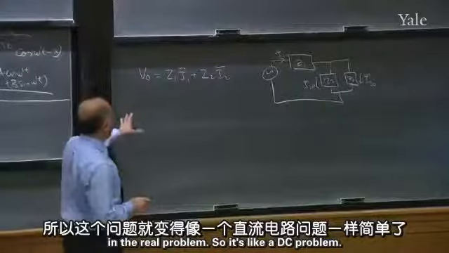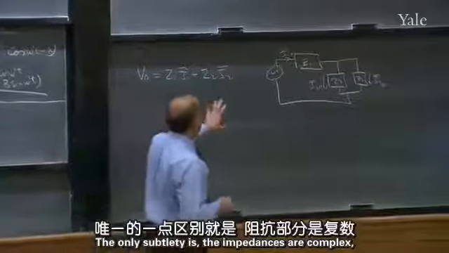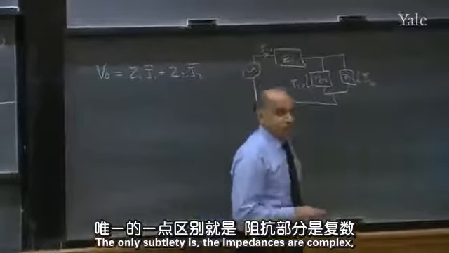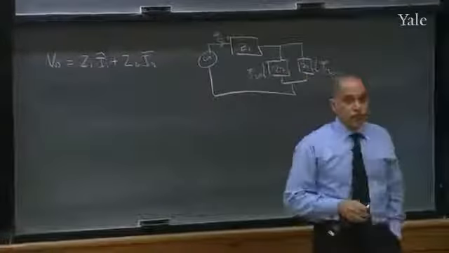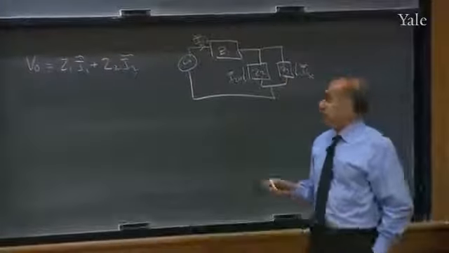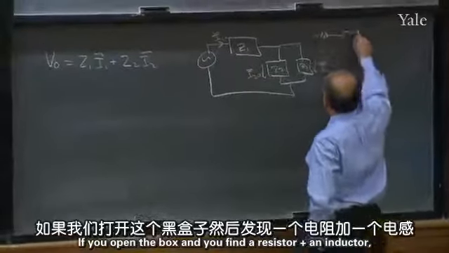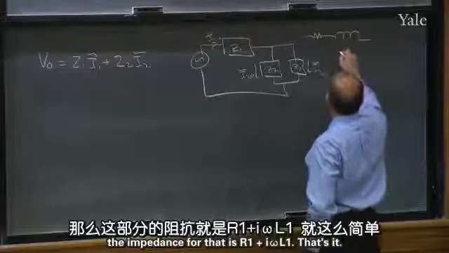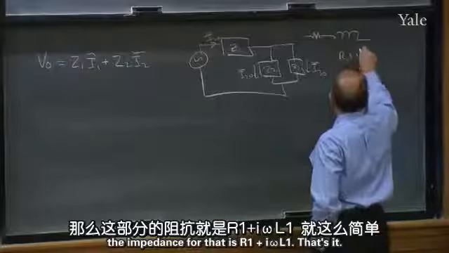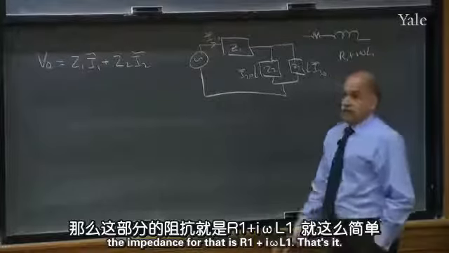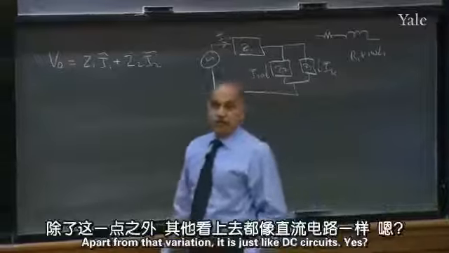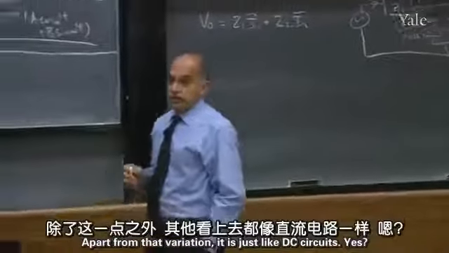So it's like a DC problem. The only subtlety is that the impedances are complex. And the rule for impedance is very simple. If you open the box and you find a resistor plus an inductor, the impedance for that is R1 plus i omega L1. That's it. Apart from that variation, it is just like a DC circuit.